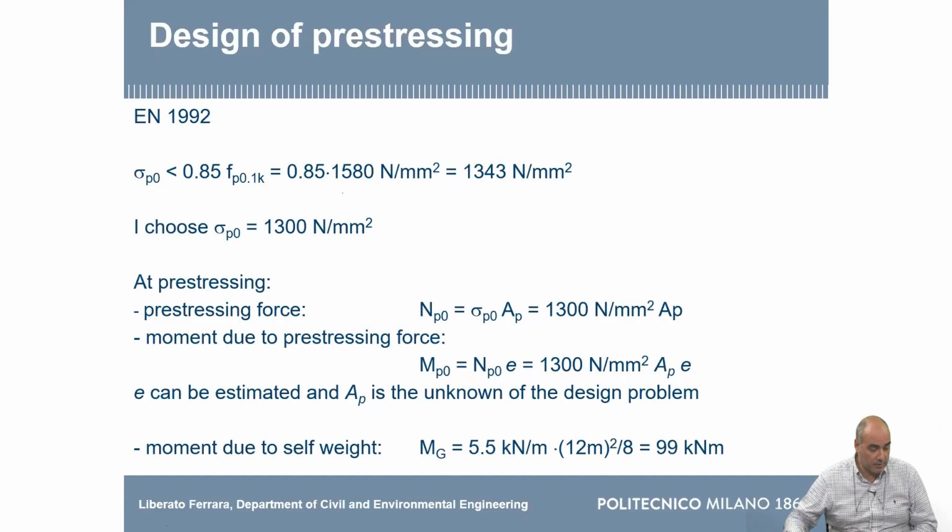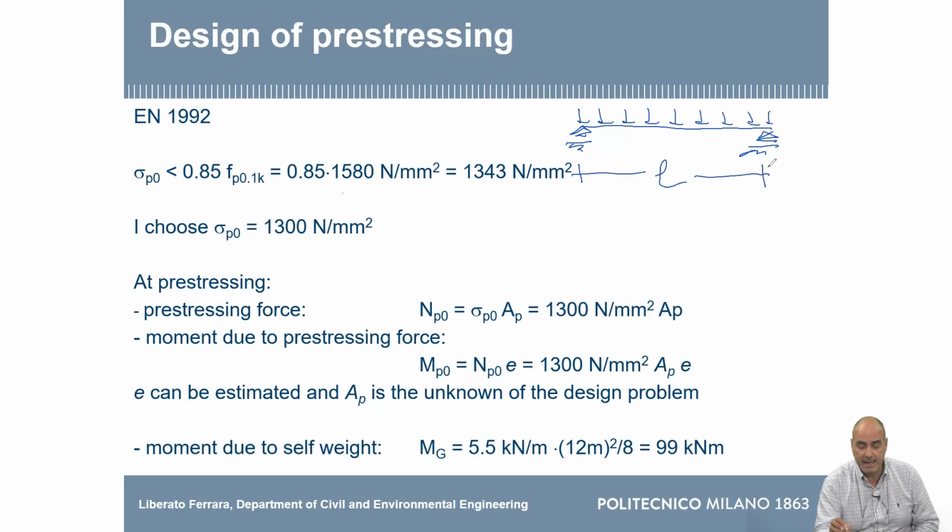What we do also have to know is that now, for example, we assume that our element is a roof element, which will work in this condition here. And let us assume that it works under a span L, which is 12 meters.